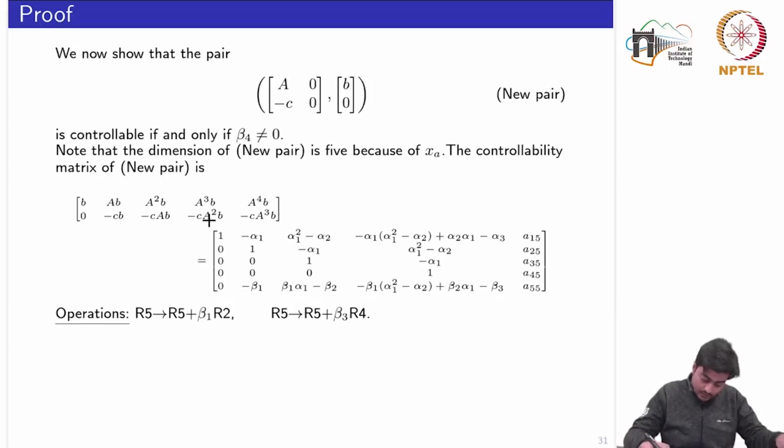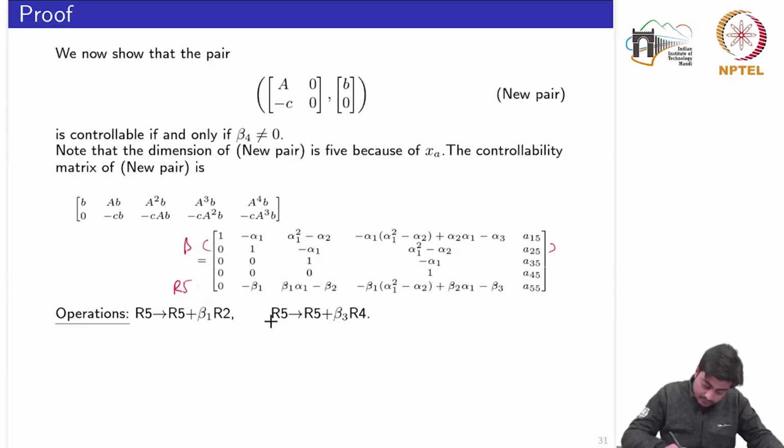Now we do two operations on this controllability matrix. This is row 5. Row 5 is changed to row 5 plus beta times row 2. So we multiply this complete row by beta and add it into R5.